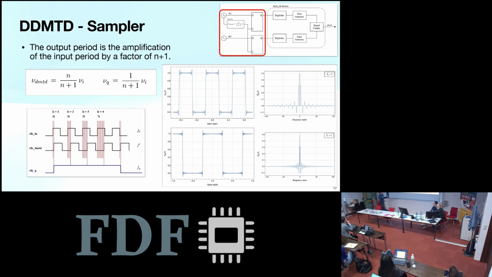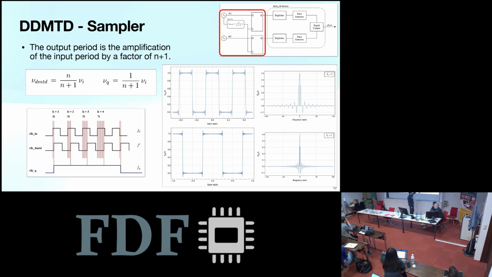And this means that we are scanning the input clock with this offset clock, and what we get in the output of the sampler is a period amplified clock which has the same phase of the input clock. And we can see here a time and frequency analysis of this concept.